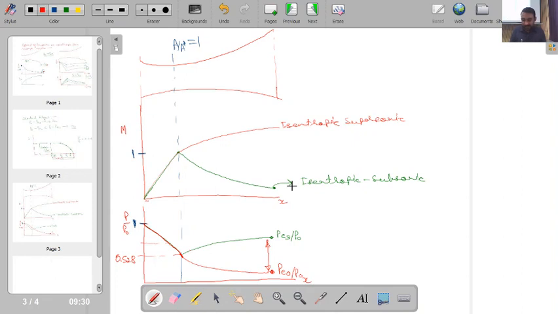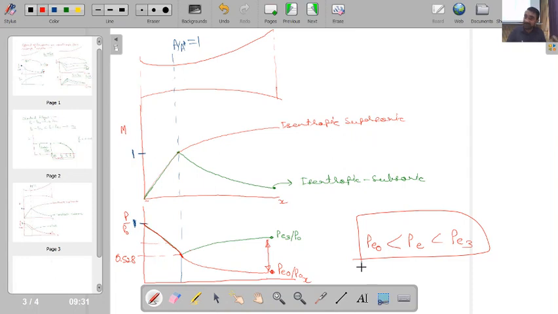So basically, in both cases, up to the throat nothing is happening, but after the throat changes are happening. Now the interesting point is, what will happen if my pressure is in between these two values? If I have any exit pressure in between PE0 and PE3, that is the interesting point to observe.